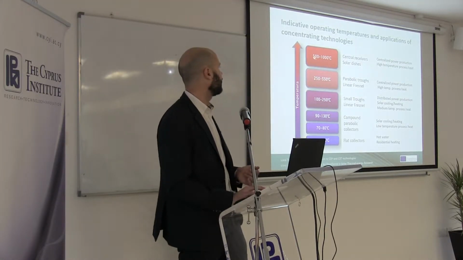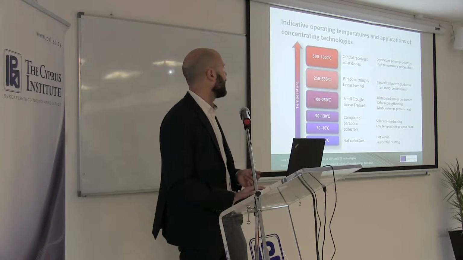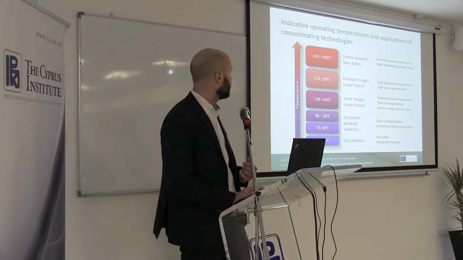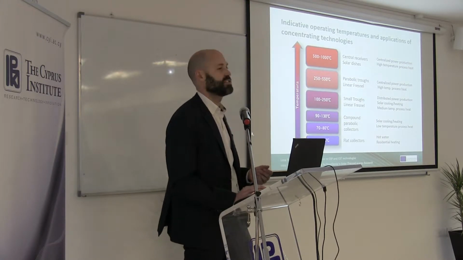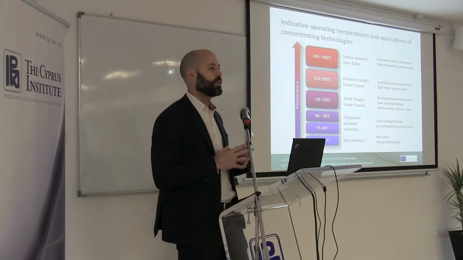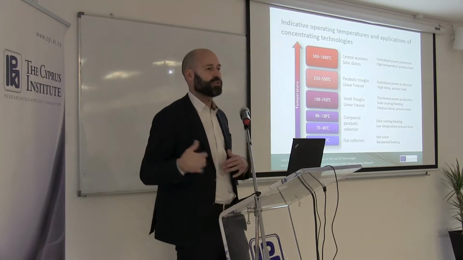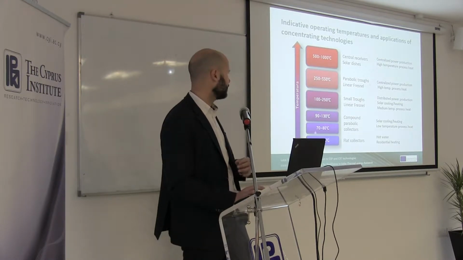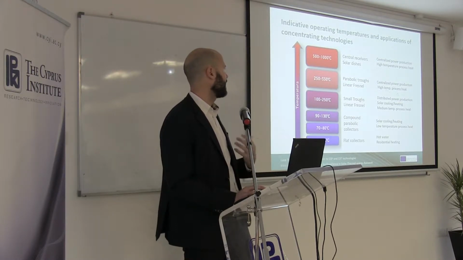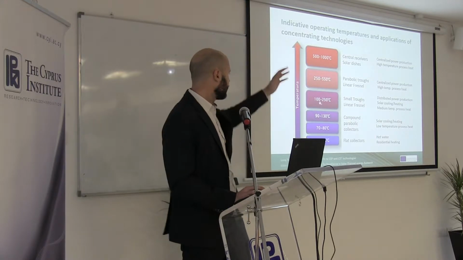So if you go above 500 Celsius degrees, we're talking about concentrated solar power and high temperature process heat. 250 to 550 Celsius degrees, here we are in the range of the so-called high temperature process heat. So again, centralized power production, high temperature process heat. And then we go below.